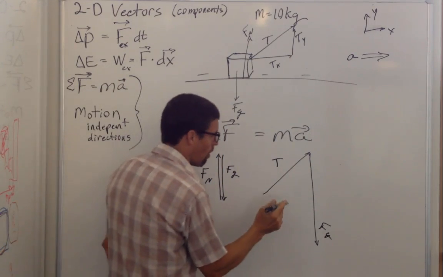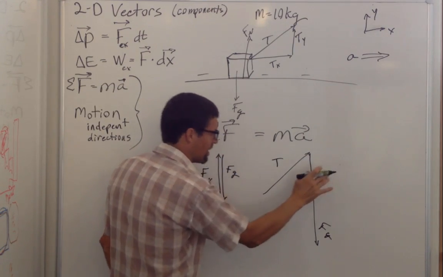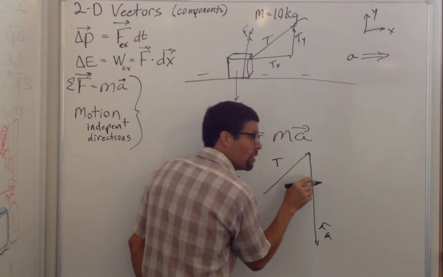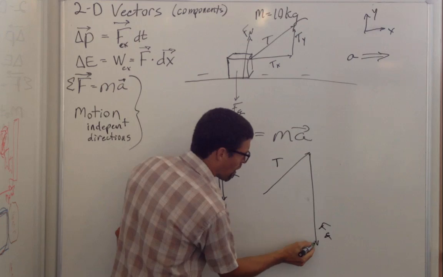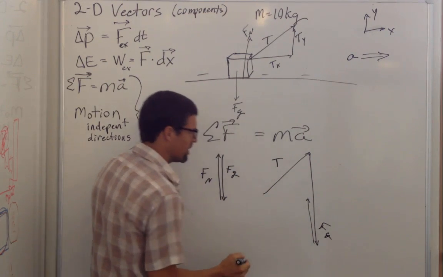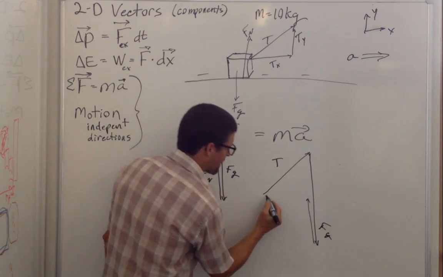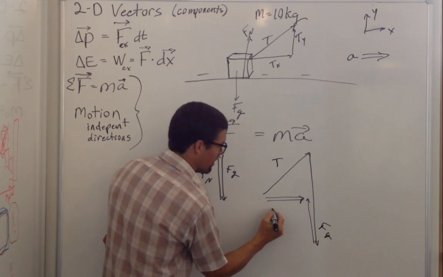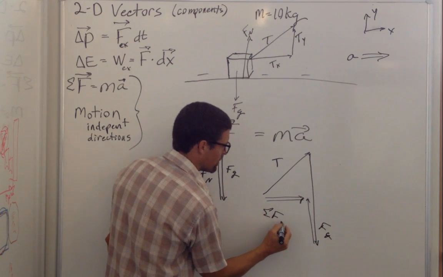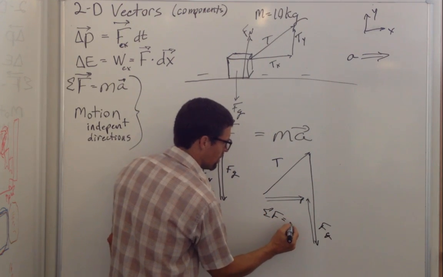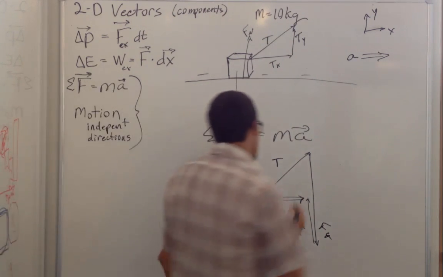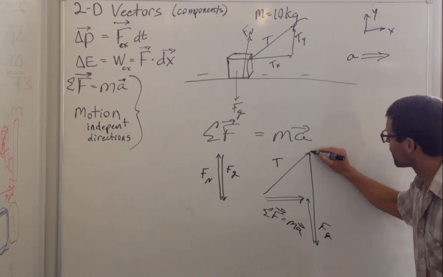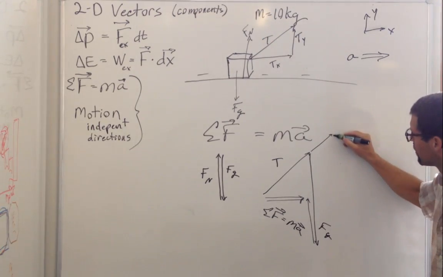In order for it to accelerate that way, the vector sum of the forces must be in that direction. So I know the normal force must look like this. And now when I add all those vectors together, this is the vector sum of the forces, which is equal to mass times acceleration. And if I pull harder, what changes?